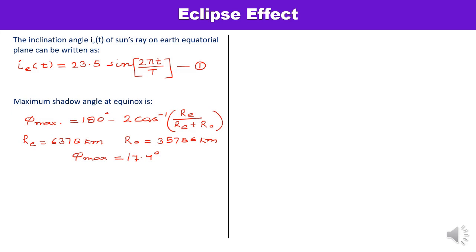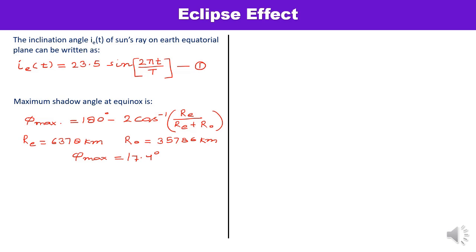And the maximum shadow angle is at the equinox, because the satellite is always illuminated at the solstice, and the maximum duration of the eclipse occurs during the equinox. So the earth's shadow shape can be considered as a cylinder of constant diameter.